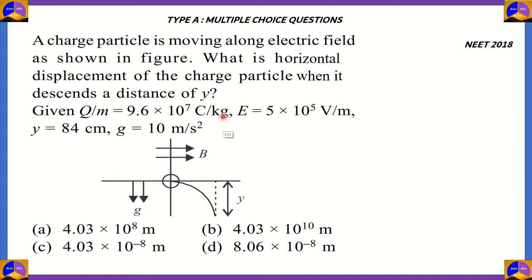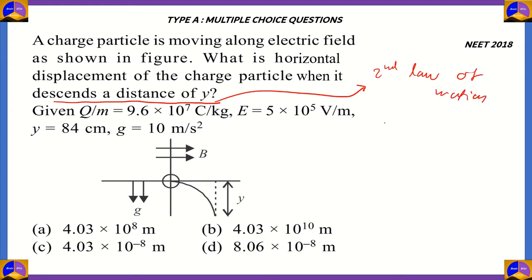So, how do we solve this question? The first thing to note is that the particle descends a distance of y. And so, over here, we can apply the second law of motion, which states that the displacement is equal to half times g t squared, where g is the acceleration and t is the time period.